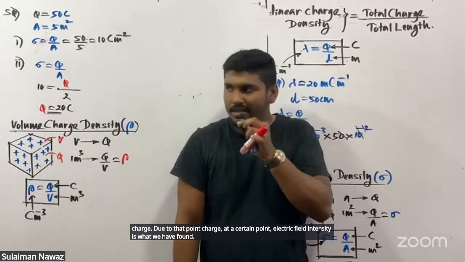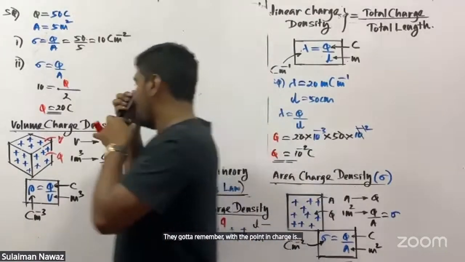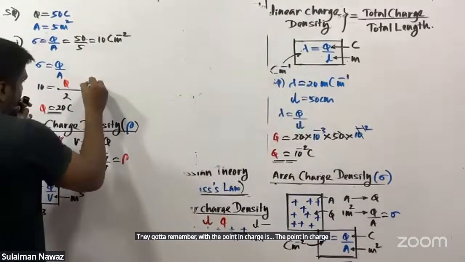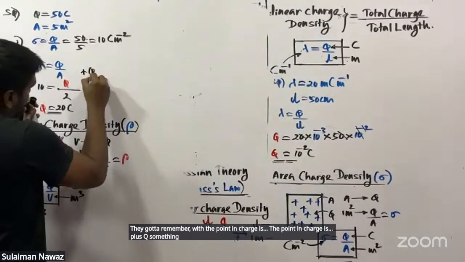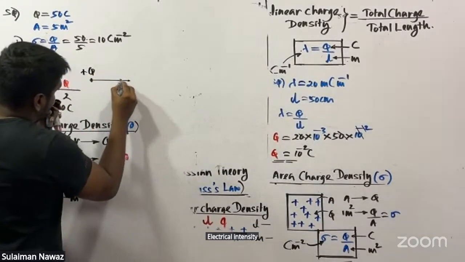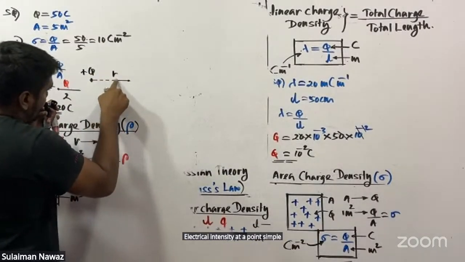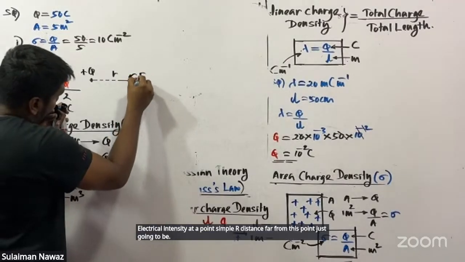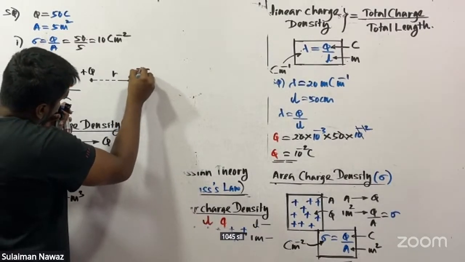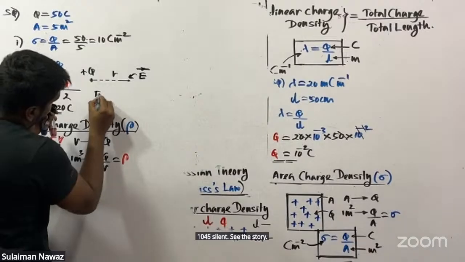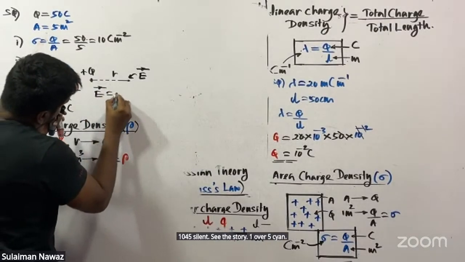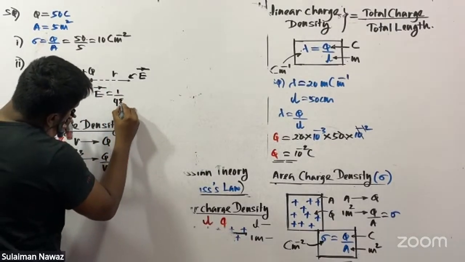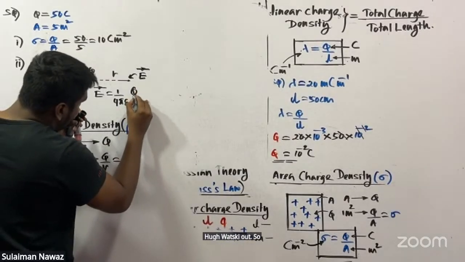If the point charge is plus Q, the electric field intensity at a point r distance away from this point charge is 1 over 4 pi epsilon naught, Q over r squared.